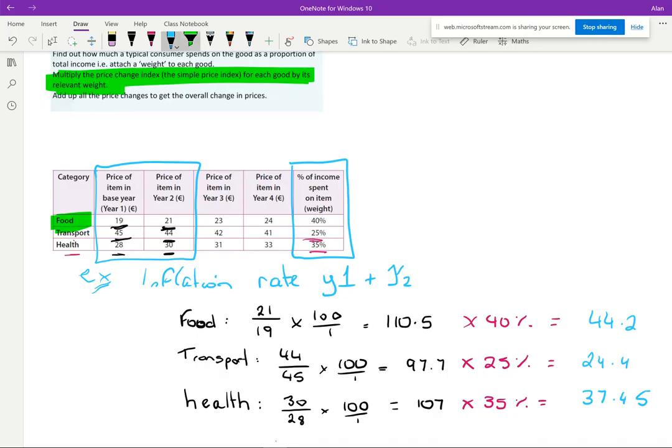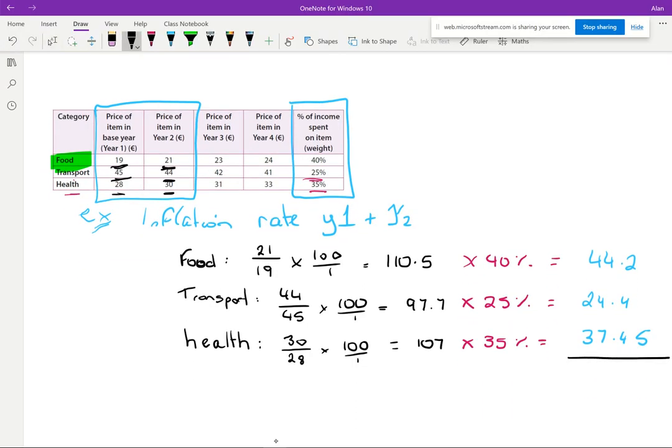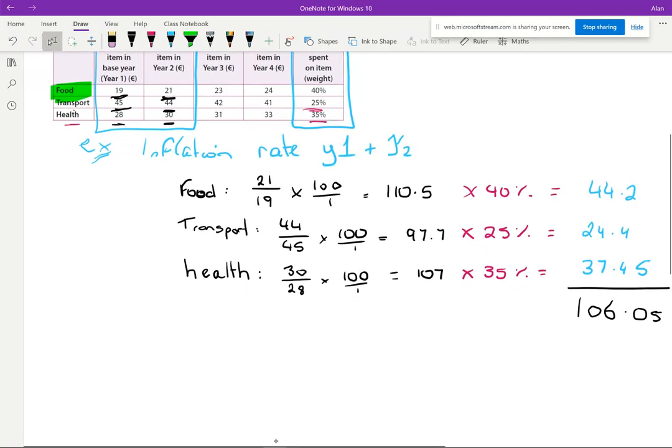What's my next step? My next step, I need to add up all the price changes to get an overall change in the price. Add all these up. So how do I do it? 37.45 plus 24.4 plus 44.2. And that gives me 106.05, which means we have, therefore, the inflation rate.